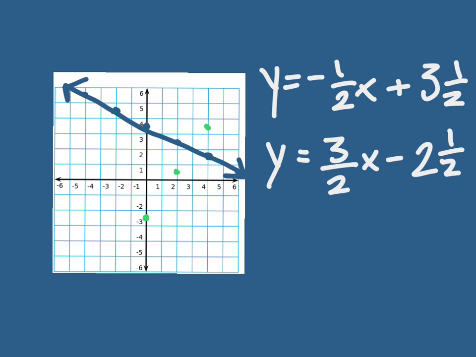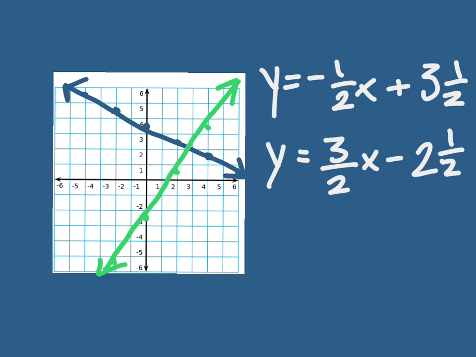And I'm going to go down in the opposite direction from my y-intercept. Down 1, 2, 3. Okay, and now I will draw a line the best I can.